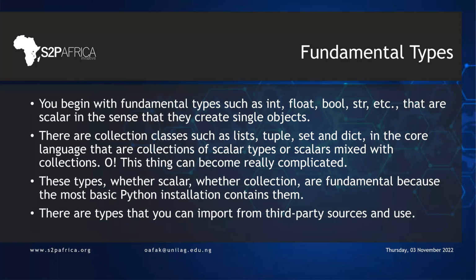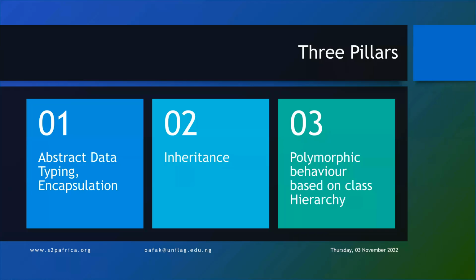These types, whether scalar or collection, are fundamental because the most basic Python installation contains all of them. Not because they are superior, but just because the most basic Python installation contains them. All their keywords are already recognizable to Python from the outset, whereas there are some keywords that come later.